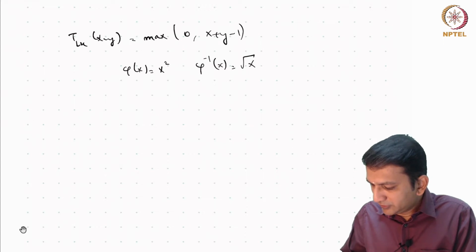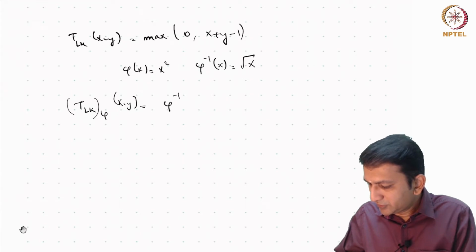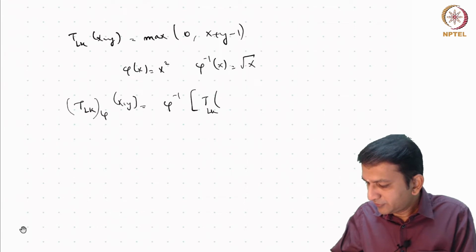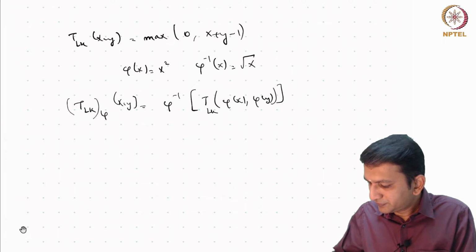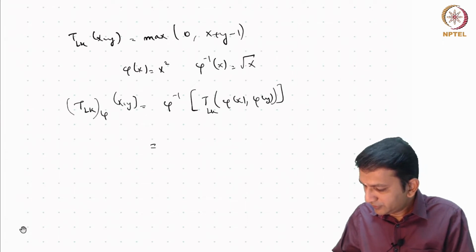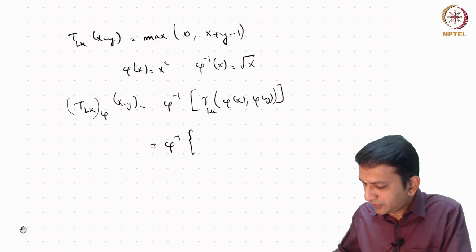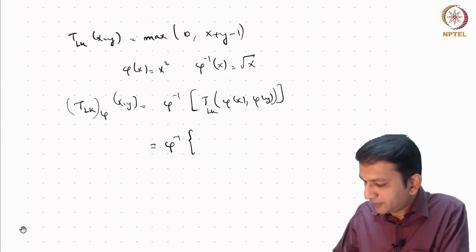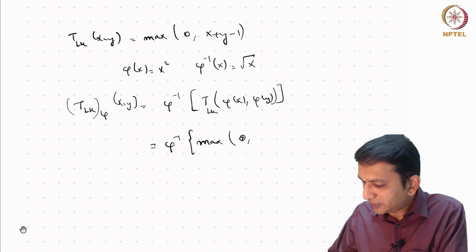Now what we want is T_LK of phi of x square. This is phi inverse of T_LK of phi x, phi y. So this will be phi inverse of the maximum of 0, phi x, which we can substitute as x square plus y square minus 1.